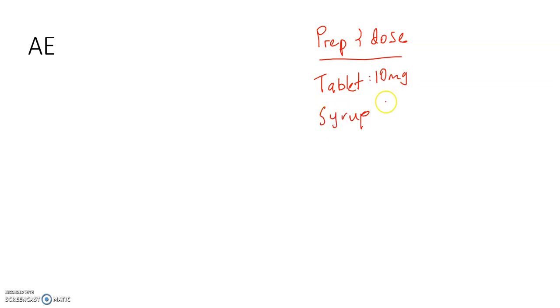Before talking about adverse effects, maybe we'll talk a little bit about the preparations and dose. It's available in tablet form, which is 10 milligrams. Also we have the syrup form, 5 milligrams per mL.